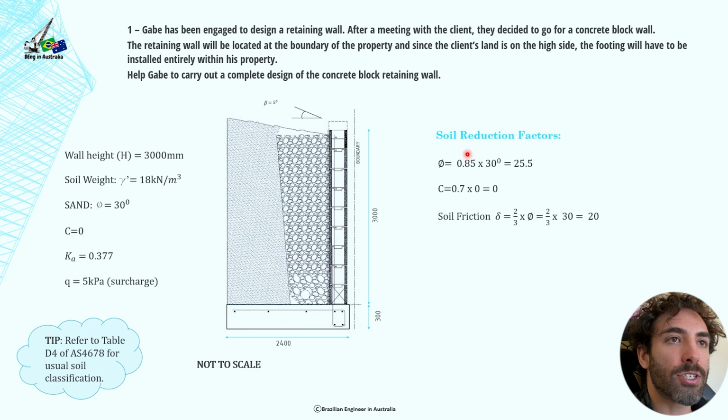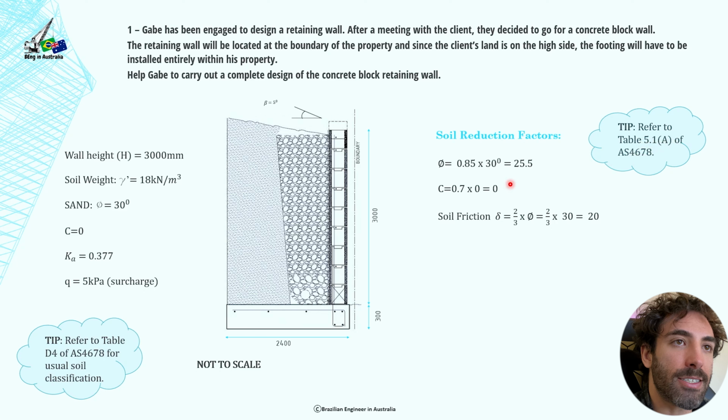Now we do have some soil reduction factors. You can refer to table 5.1a of AS 4678. So we pretty much need to factor the internal angle of friction in 85%. So instead of using 30 degrees, we're going to use 25.5, and for the cohesion we have to use 70% of the cohesion. Obviously, since our C is 0, 0.7 of 0 is 0.